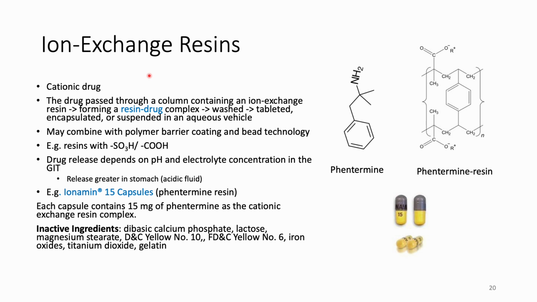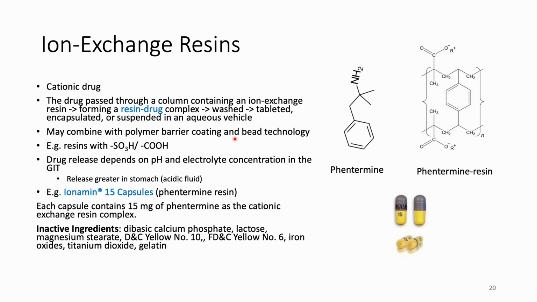The next technology is ion exchange resins. This technology is applied only to cationic drugs, meaning the drug has a positive charge. For this technique, the drug is passed through a column containing an ion exchange resin. Based on the exchange resin, the pure drug will complex with the resin to form a resin-drug complex. This complex will be washed, tableted, encapsulated, or suspended into an aqueous vehicle.